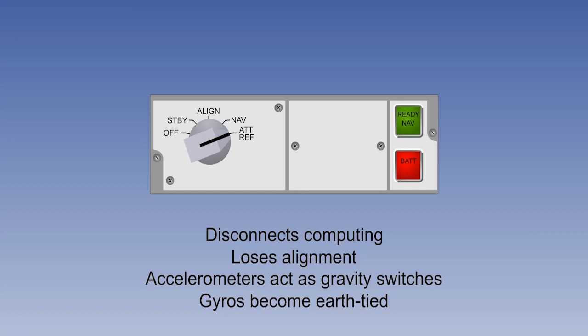This is done by selecting ATREF on the MSU, which disconnects the computing and loses alignment if this has not already happened anyway. The accelerometers now act as gravity switches, as they do during the levelling phase of alignment, and the gyros become gravity tied in the long term. They become earth gyros.